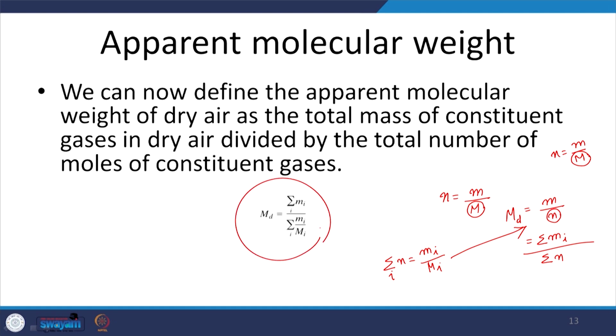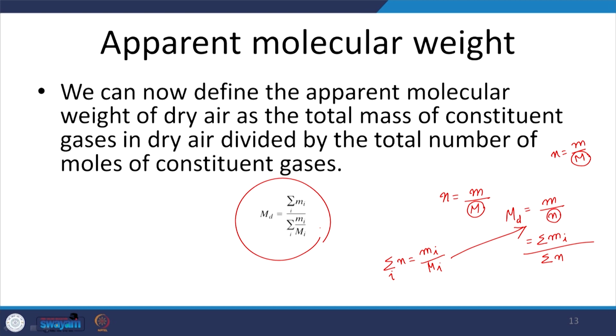So, the mean molecular weight or the apparent molecular weight of dry air is defined as the total mass of the constituent gases, you take any volume, divided by the total number of moles of constituent gases. So, how many moles of carbon dioxide are there?